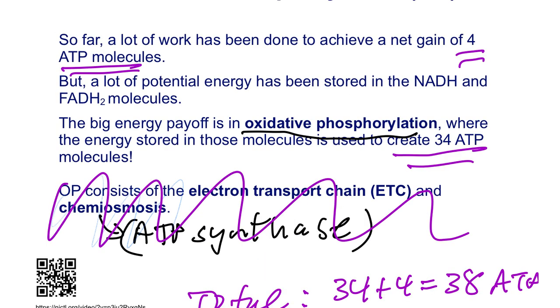So this is just reminding us that if aerobic respiration ended here, we'd only have 4 ATP molecules. Those are the useful energy molecules. You cannot use NADH and FADH directly for energy in a cell.